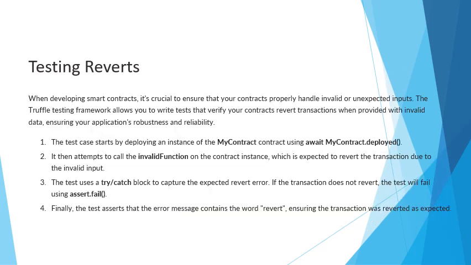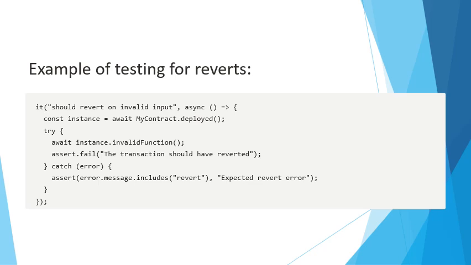It is crucial to ensure that contracts properly handle invalid or unexpected inputs. Truffle allows you to write tests that revert the transaction when provided with invalid data. The test case starts by deploying an instance of MyContract using the await command.